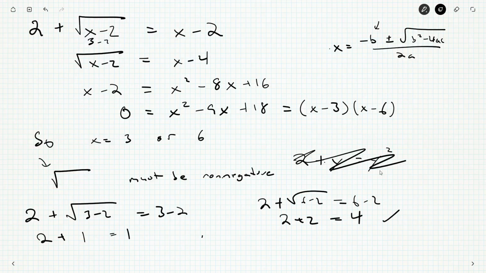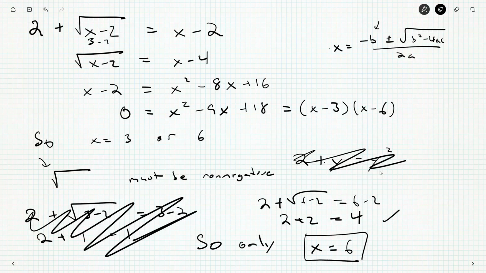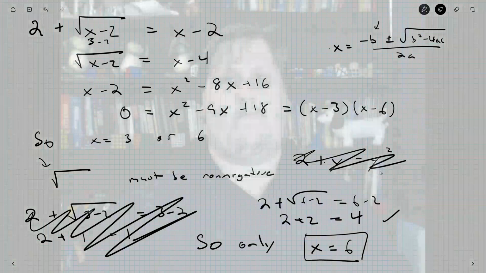That one's true. So the only answer is x equals 6. x equals 3, we throw out. And you do need to double check these things. So this is something that you should keep in mind. Square root signs like that, the answer must be non-negative if it's going to work. So you got to double check that everything works out there.